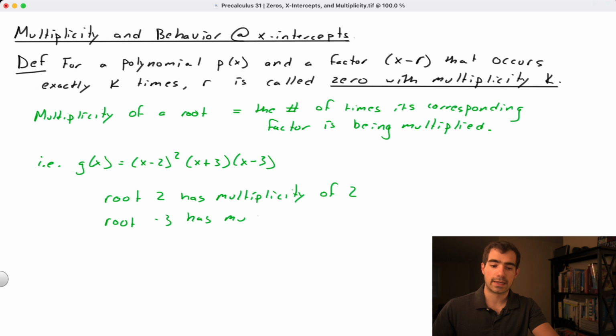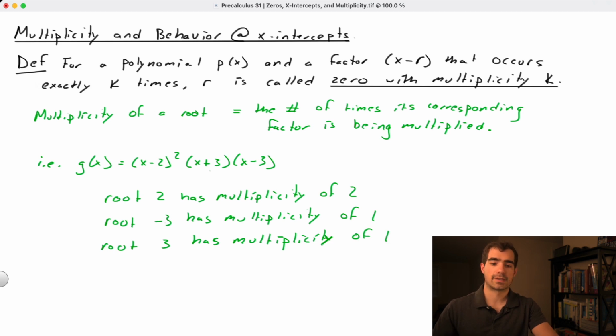So the root of negative 3 has a multiplicity of 1, and likewise, the root of positive 3 also has a multiplicity of 1. And another way to think of this is that the exponent of the factor in the expression, assuming that they're all combined, is the multiplicity of that root.